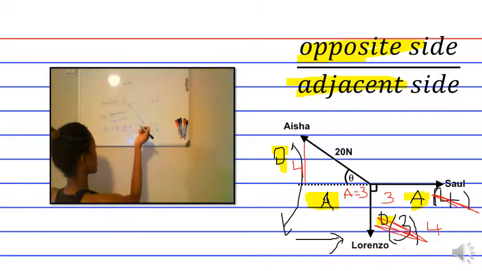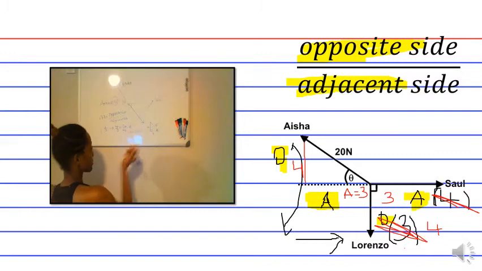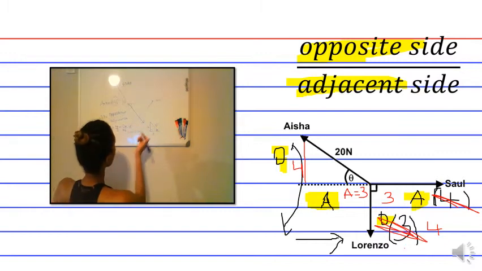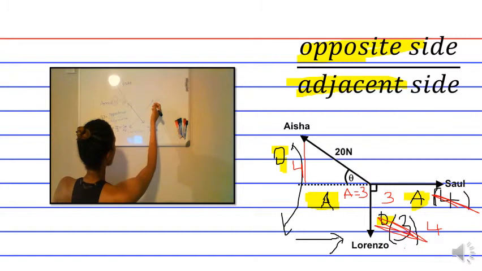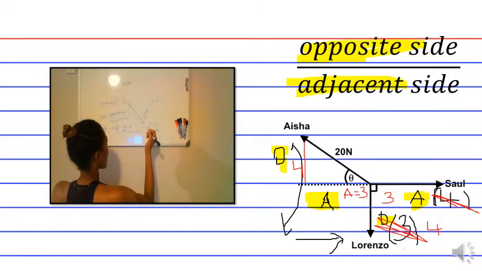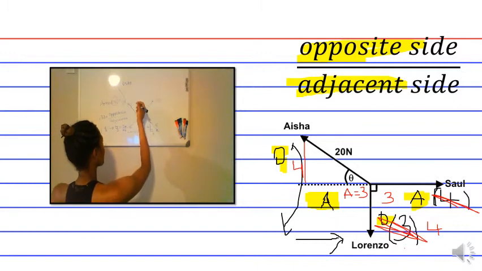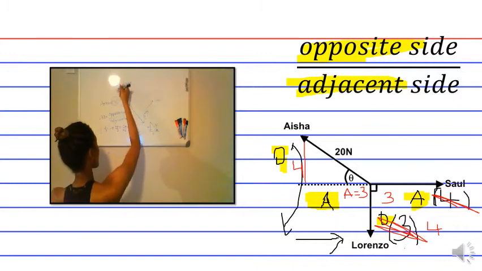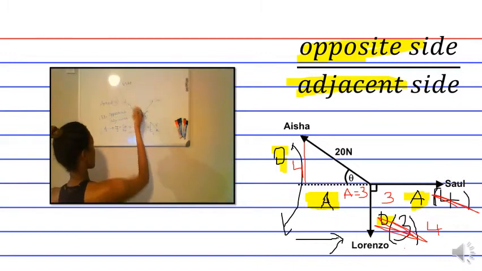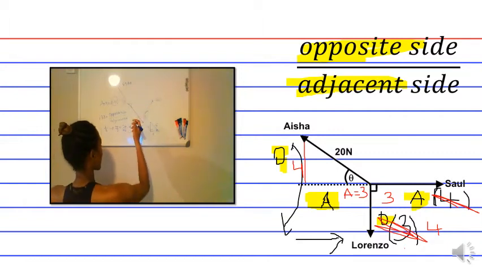So this could really be related to a 3, 4, 5 triangle. Basically, the hypotenuse is going to be 5, and the side opposite theta here is the height, which is proportional to 3.